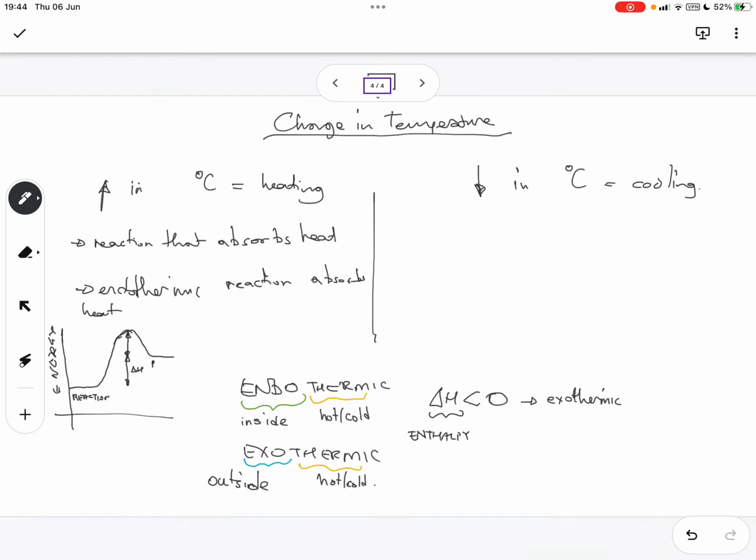The enthalpy is positive, because the energy of the system has to be increased to such a point where the products form, because energy has been introduced to the system.